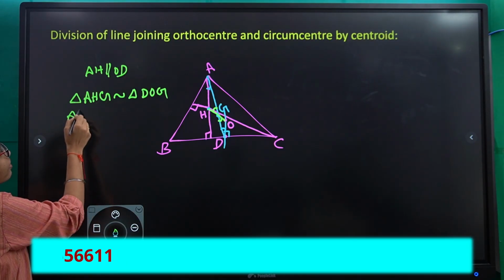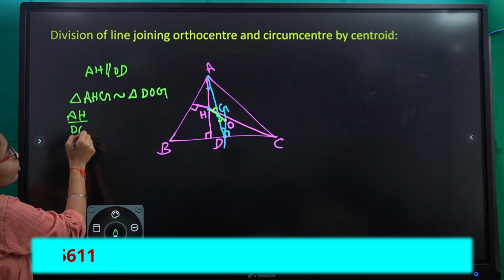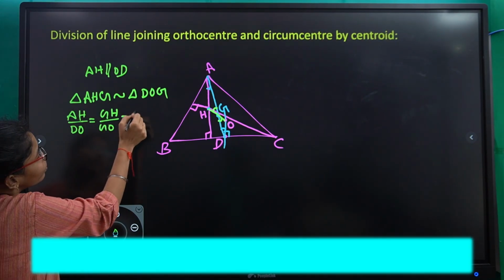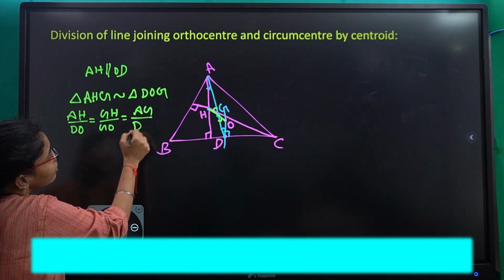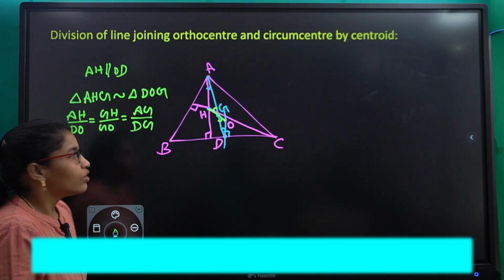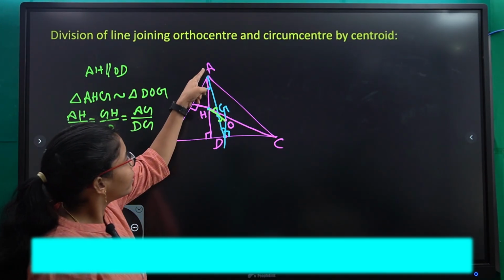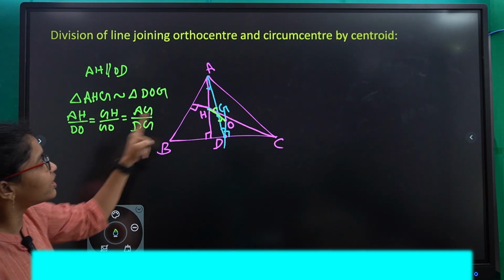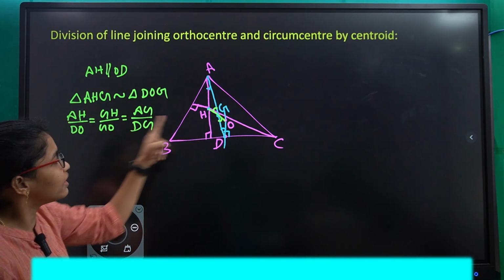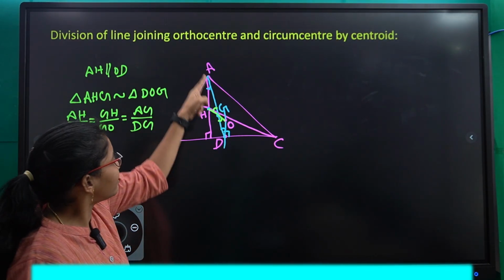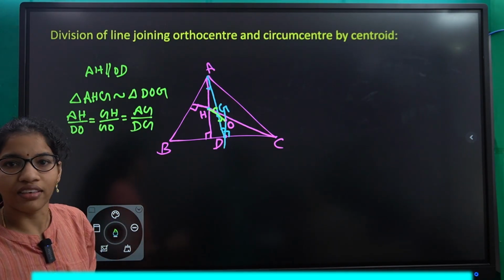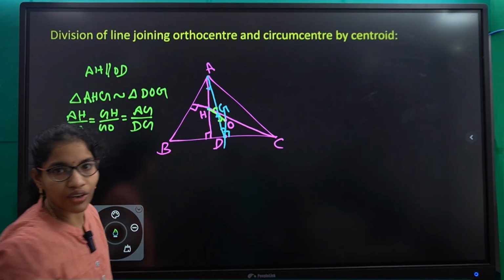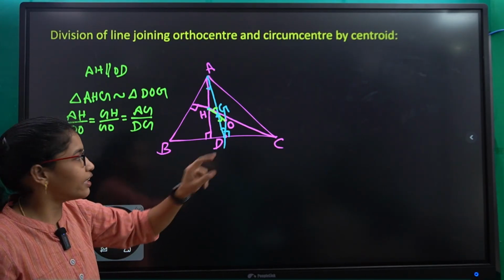Otherwise you can write like this, AH by DO equals ZH by GO equals AZ by DZ, right? So here AH by DO equals GH by ZO and AG by DZ. Clear?